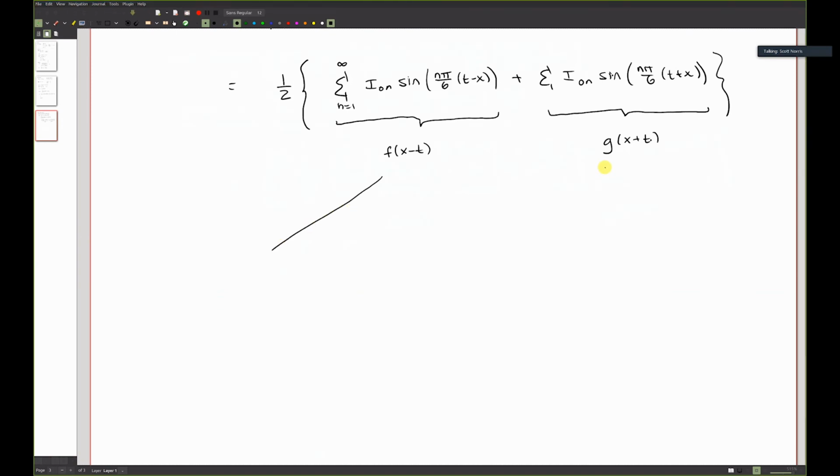What does it mean to be a function of x minus t? Well, it means that suppose t increases by 1, but suppose x increases by 1 as well. Then you have exactly the same value you started with, right? Whatever the function f is at the point x, t where you start, if x and t both increase by 1, then you have the same value of f.